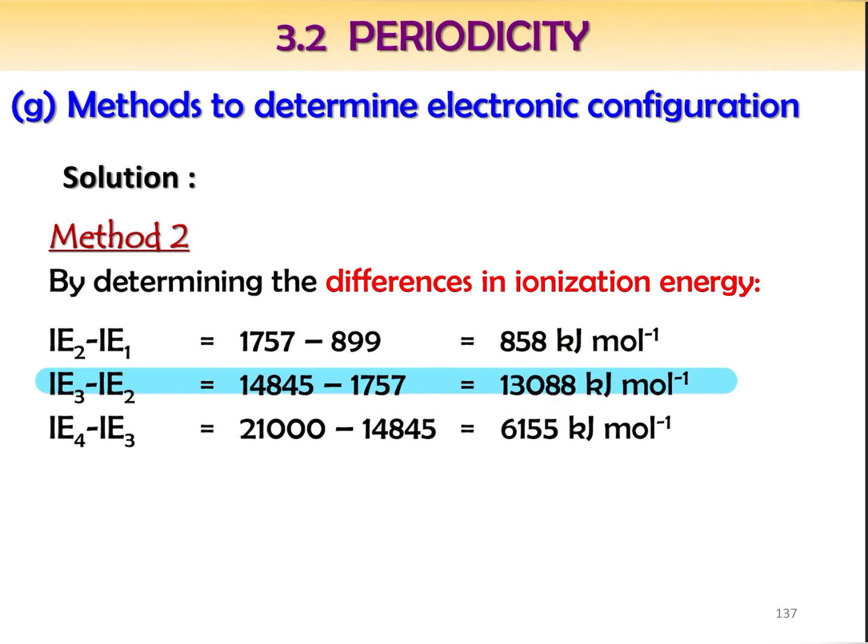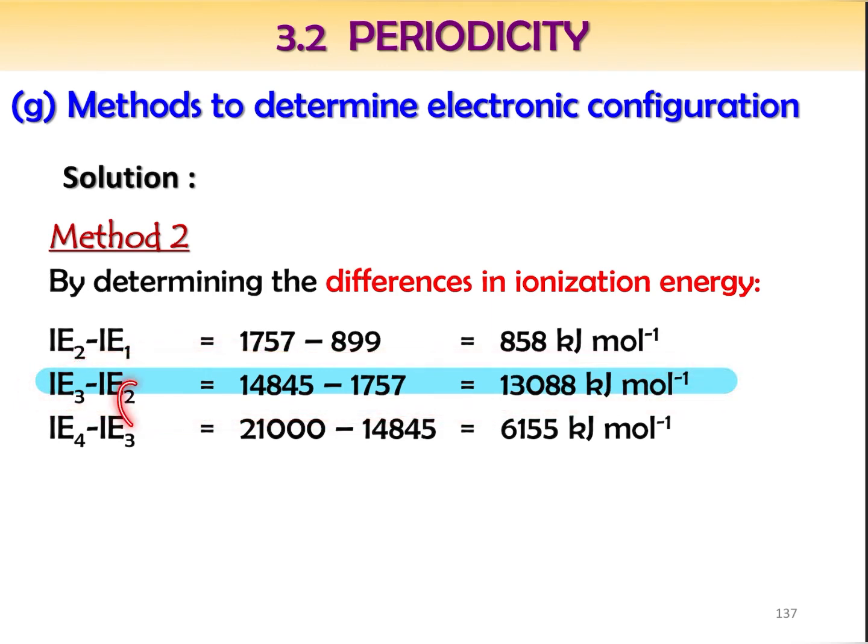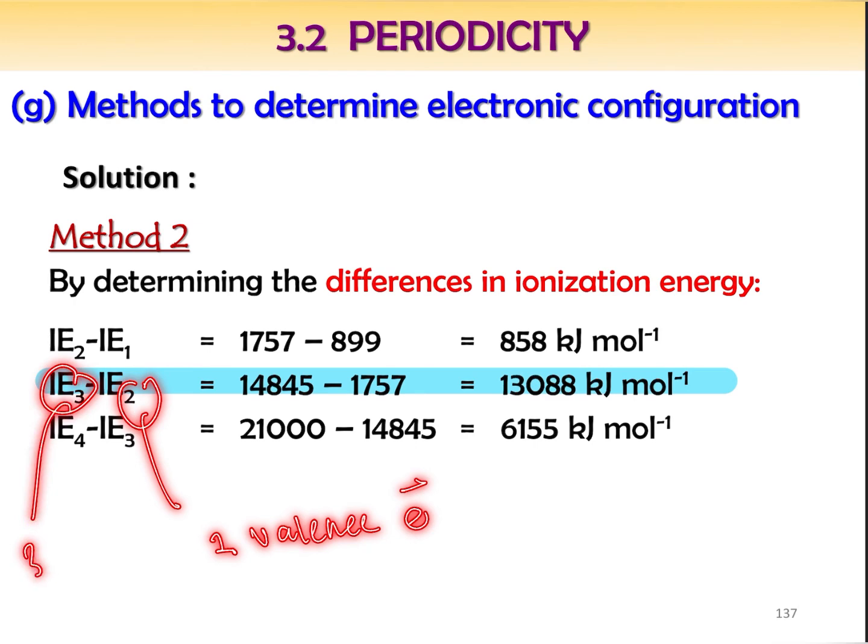So from this set of data ni, okay, kita tahu that sama juga macam tadi dia punya conclusion. Kita ada 2 valence electron. So maksudnya the third electron tu, okay, removed from inner shell.